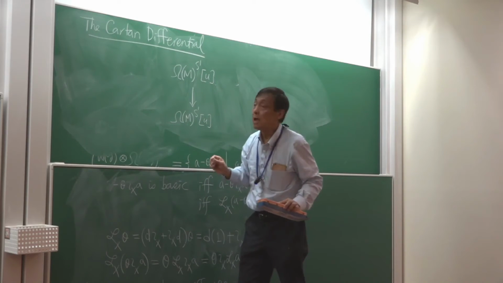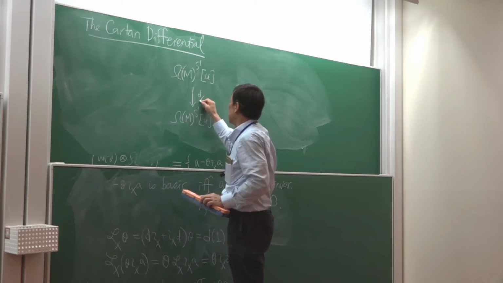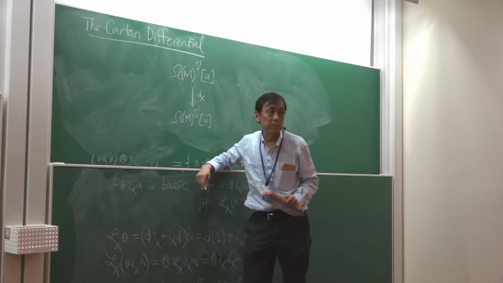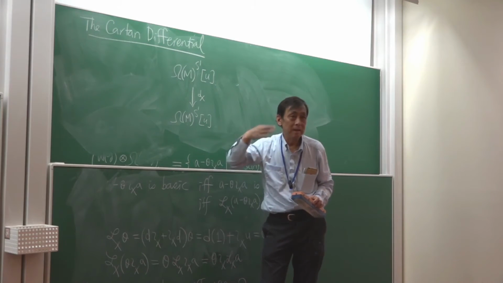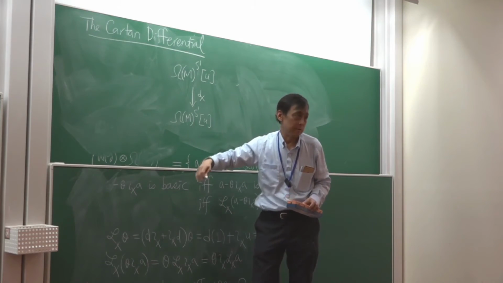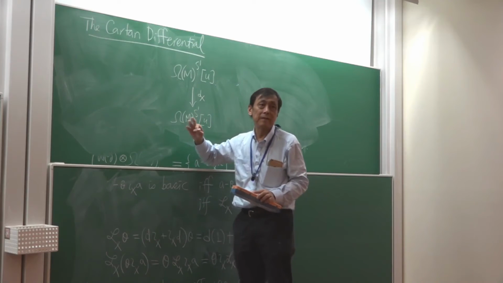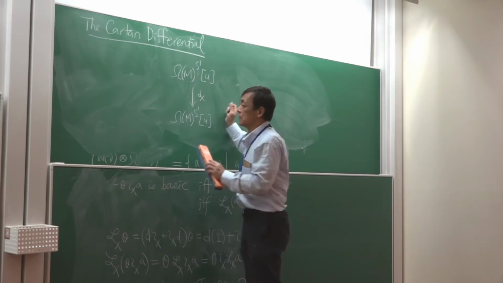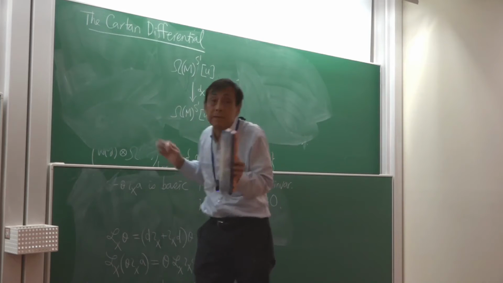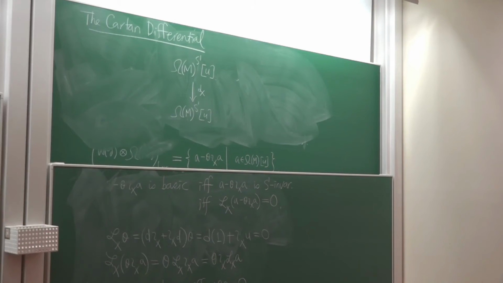And we will denote it by d_x, okay? Because it depends on the choice of x, an element of the Lie algebra. Everything here depends on the choice of x. Okay? Theta is dual to x.